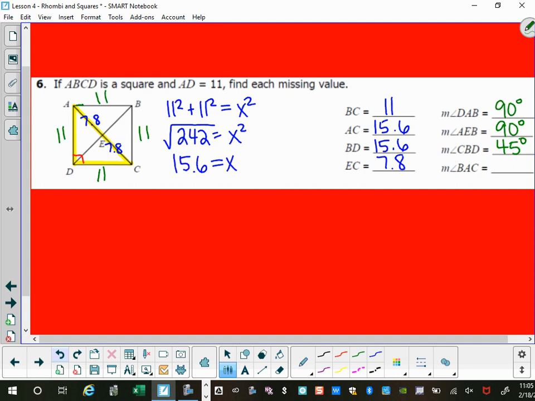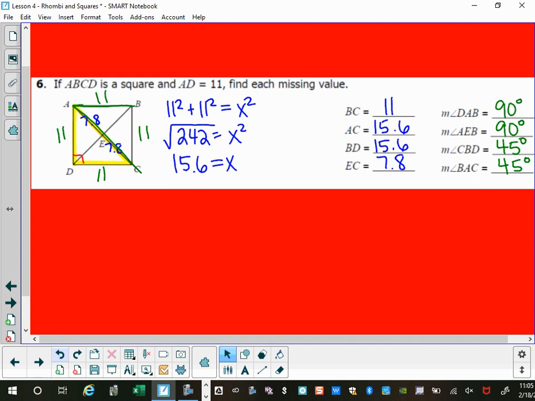So from B over to A down to C. 45 degrees. So when it's a square, it's either 90 or 45 degrees, that's all we can have. And in a rhombus, we would give you the different measures.